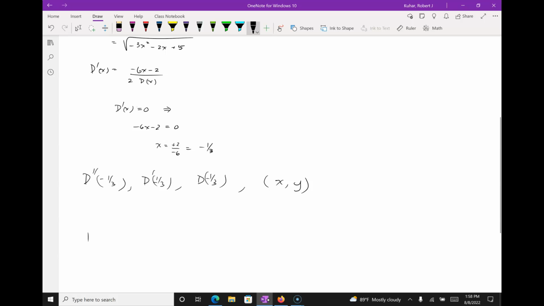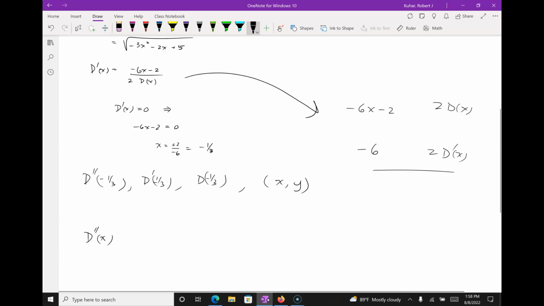Well, d double prime is pretty quick, right? I'm using a quotient rule. Negative 6x minus 2, derivative of that is negative 6. 2d of x, derivative of that is 2d prime of x. And of course I get 4d squared of x again. And that's going to be the same every time. Same idea every time.